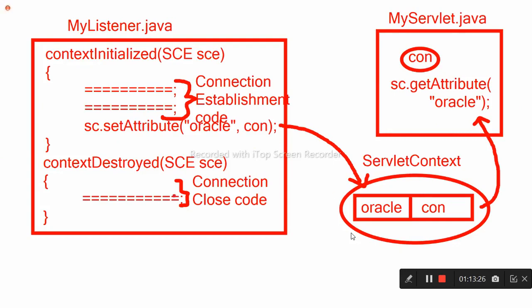Whenever it is undeployed, the connection is closed. You deploy, it is established and placed, and the login servlet, registration servlet and welcome servlet can all access it this way. No need to write connection establishment code again; all servlets in that project can access the same connection. Since the connection is established only while deploying, you can access it in all places. That is the benefit of a listener. The listener need not be executed by you; it is executed automatically. Okay, write this one.